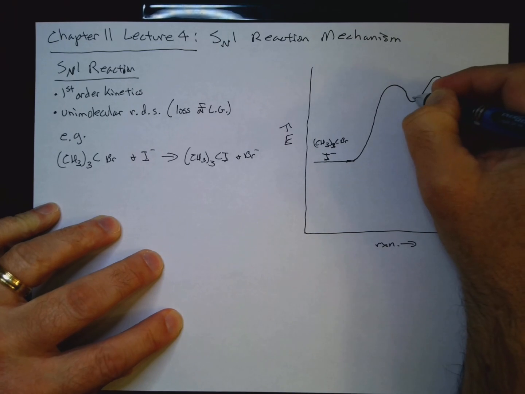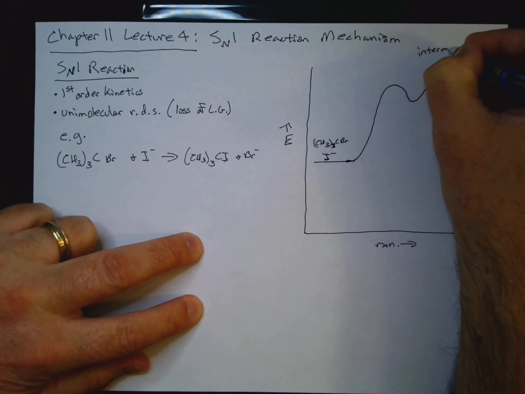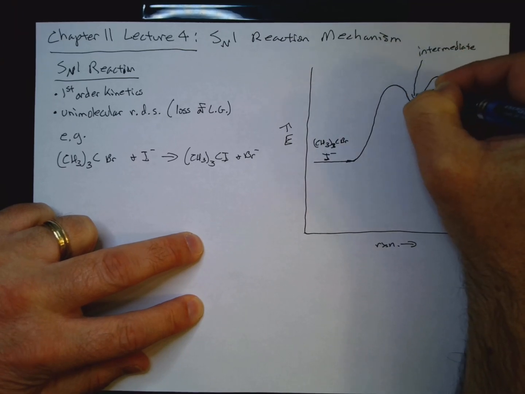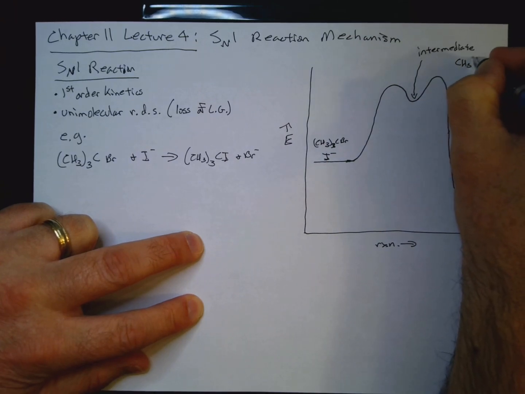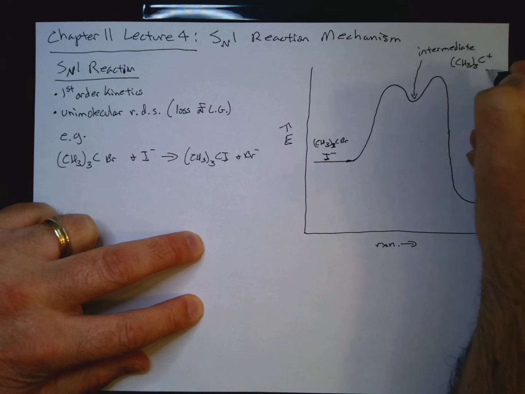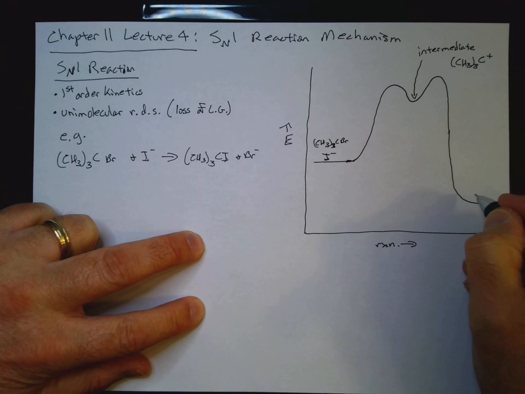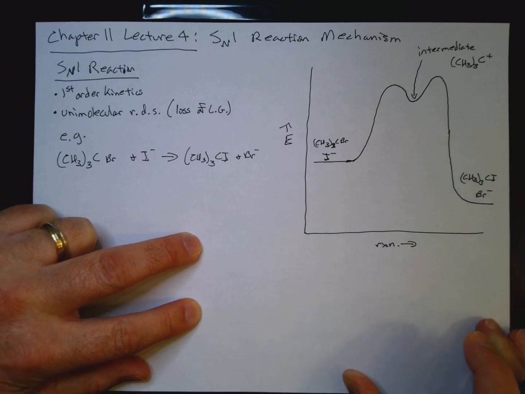And so in here we'll have our intermediate. In this case it's (CH3)3C plus and I minus and Br minus. And then at the end we'll have our (CH3)3CI and Br minus there.